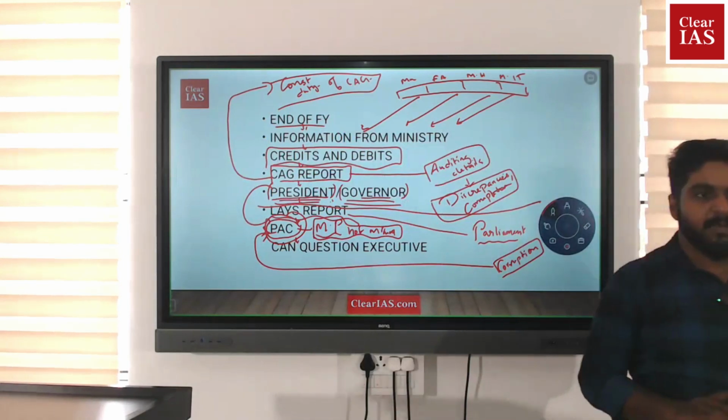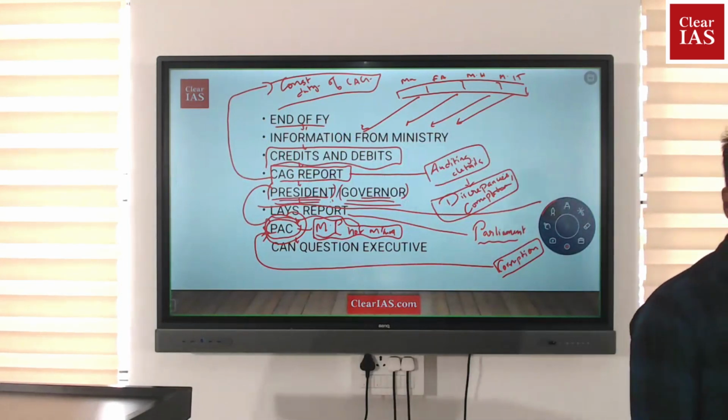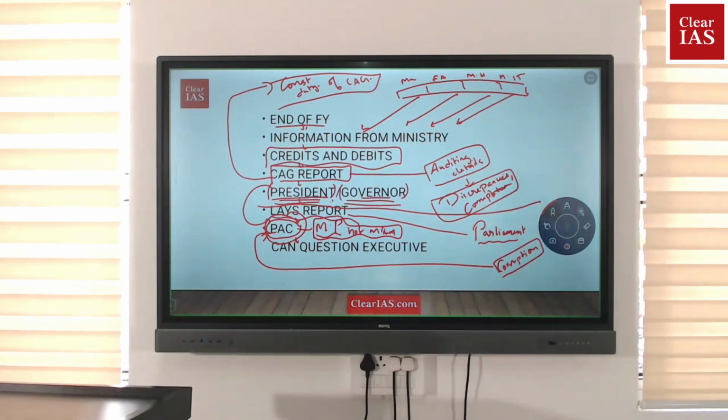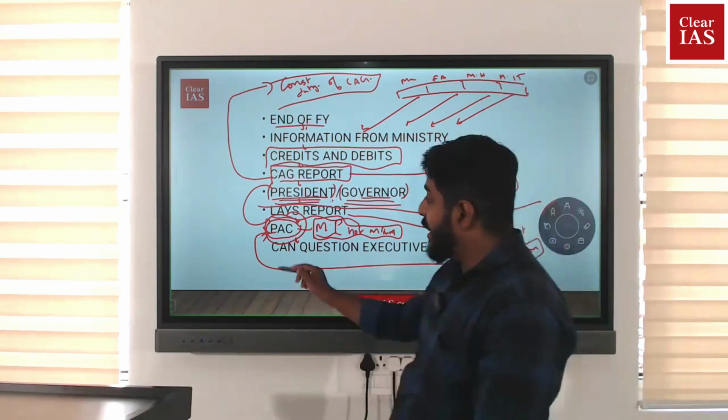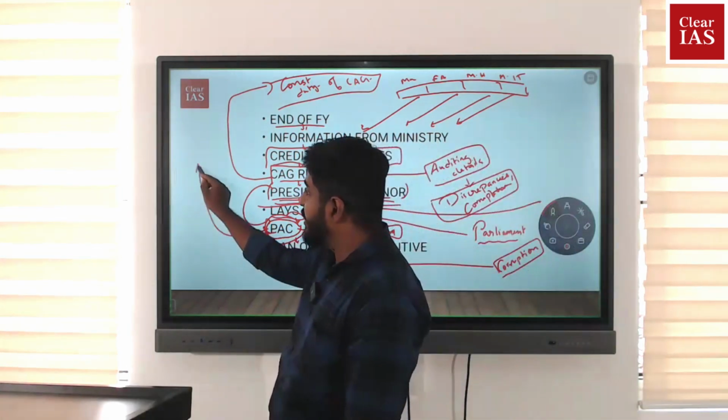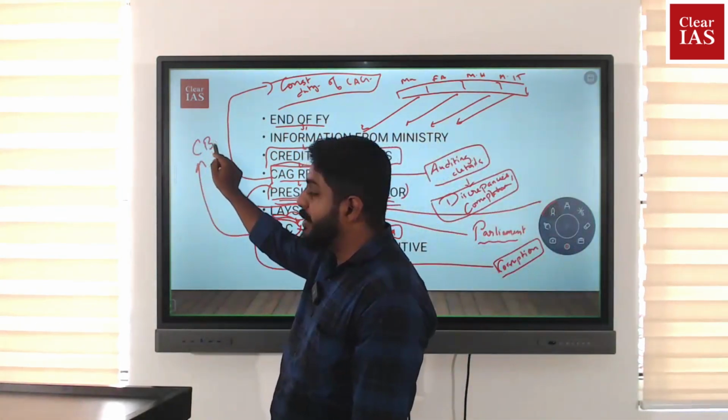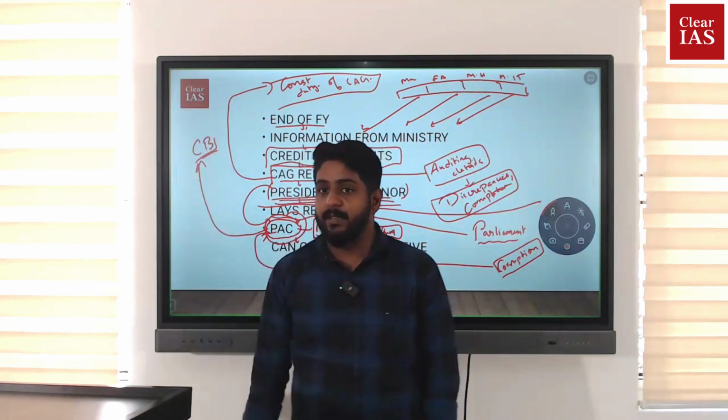If the minister, say for example the Minister of Defense, answers that question quite satisfyingly, then everything is fine. But if the minister is unable to answer the question, there can be even actions like the Public Accounts Committee may refer this matter of scam to the Central Bureau of Investigation.